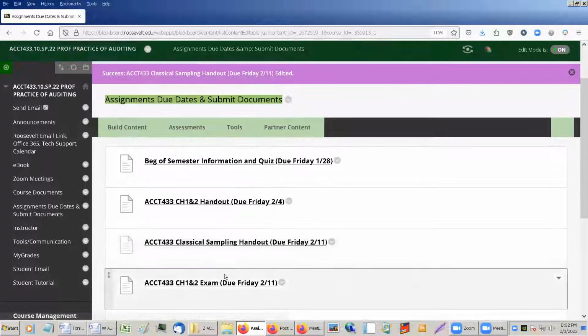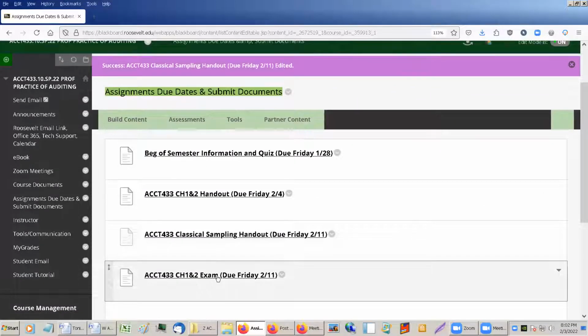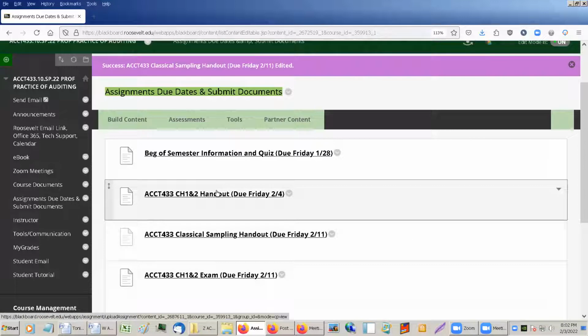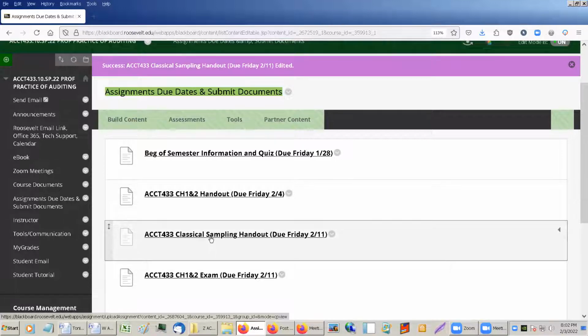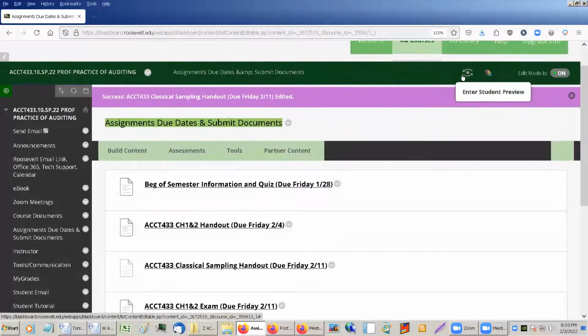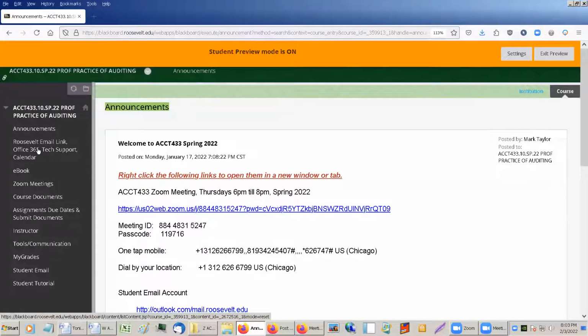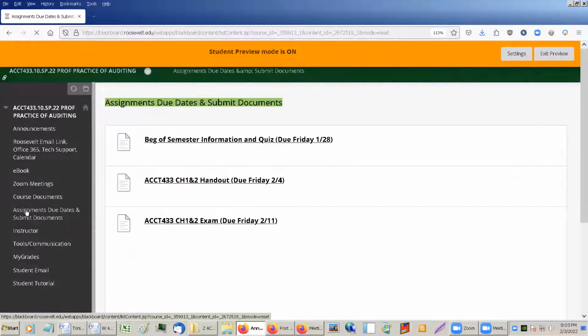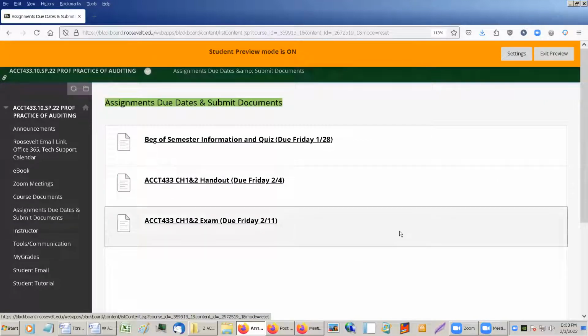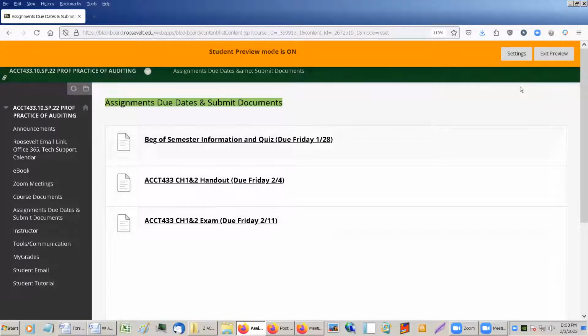Okay, so the Chapter 1 and 2 exam is going to be due next Friday. And the Chapter 1 and 2 handout is due tomorrow. I think most of you get that in already. And this classical sampling, hopefully you don't see this, because it's not due. All right, so I'm going to send out this Chapter 1 and 2 exam, and it's due a week from tomorrow.